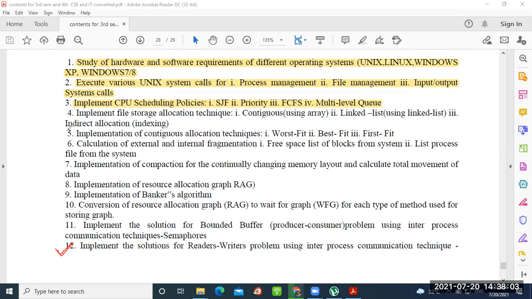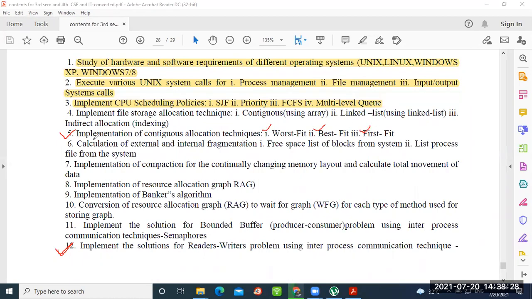So today we are going to implement experiment number 5. All of you can write down experiment number 5: implementation of continuous allocation technique, by using different methods like worst fit, best fit, and first fit.